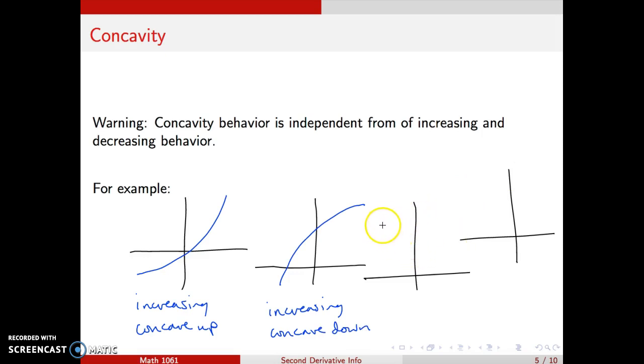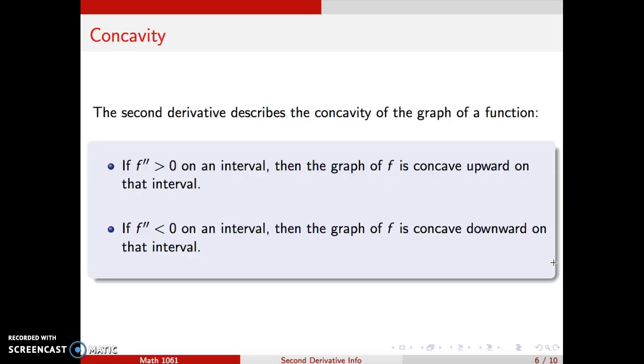You have something that's decreasing and concave up. In the interest of space here, I'll start abbreviating. I could have something that's decreasing and concave down. The whole point is that the increasing or decreasing has nothing to do with it.